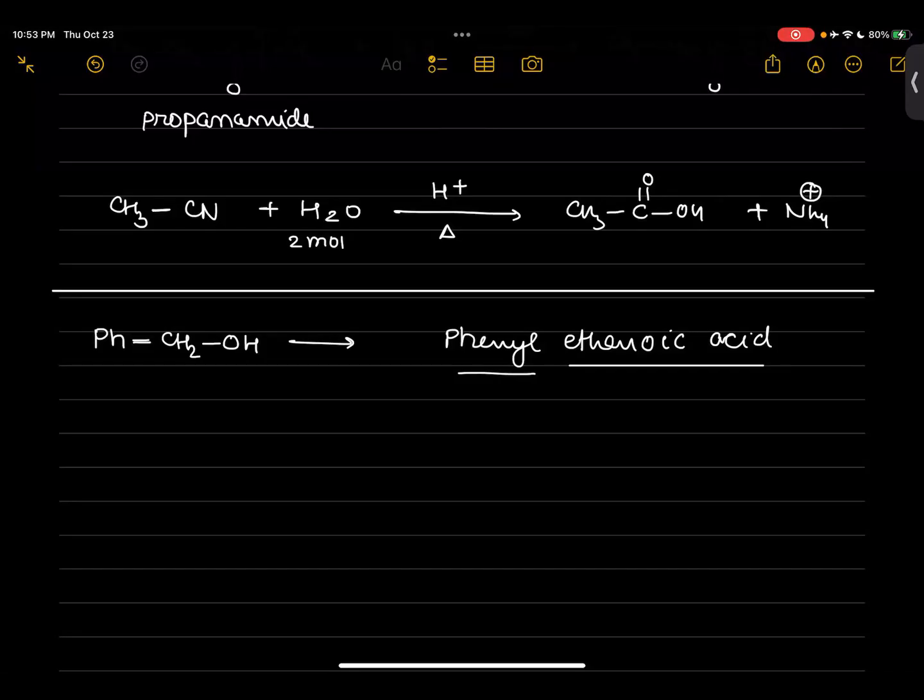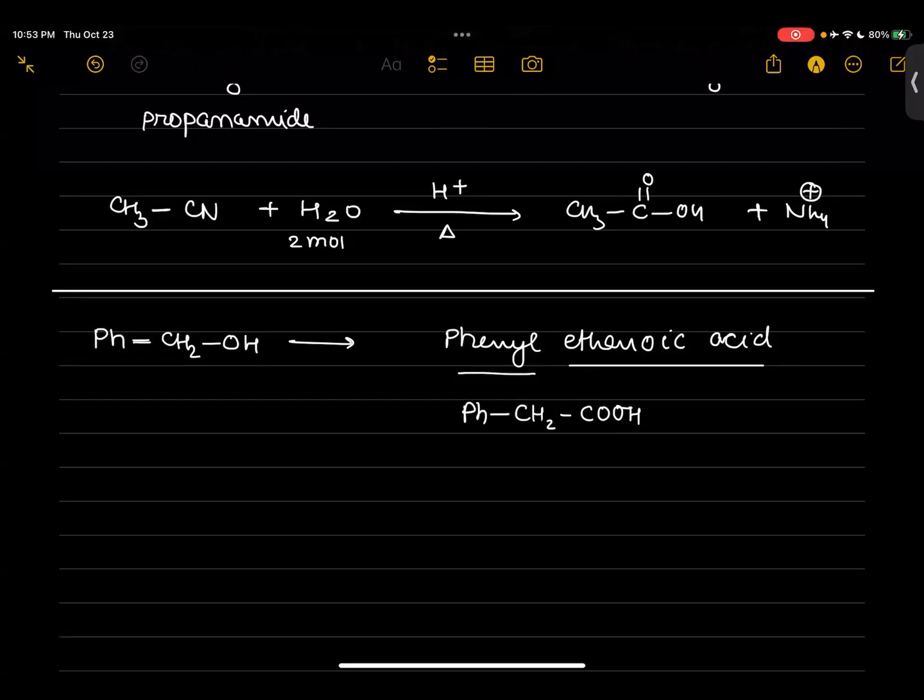So, what is the structure of this? Ethanoic acid, you know, right, Aisha? Marwa, you know the ethanoic acid, and phenyl ethanoic acid is just this with a phenyl attached.